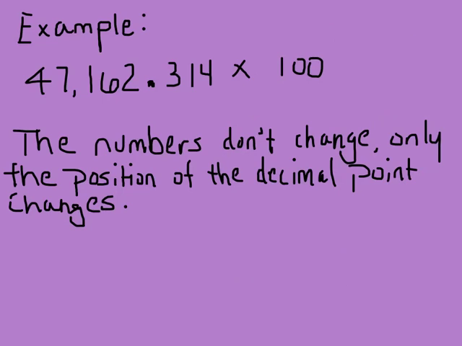Alright, so for example, look at this number, 47,162. Remember I said that the decimal point is pronounced "and." 314 thousandths. Alright, and we're going to multiply that number by 100. So we count the number of zeros in 100, and there are 2. So we're not going to change these numbers at all. We're simply going to count and move 1, 2.